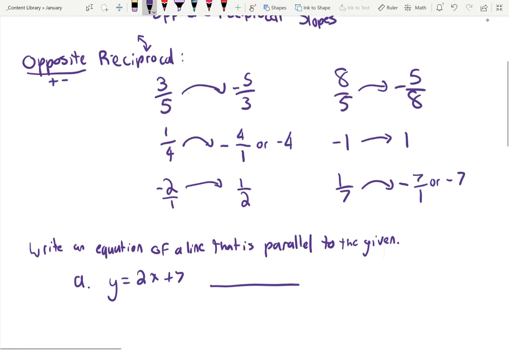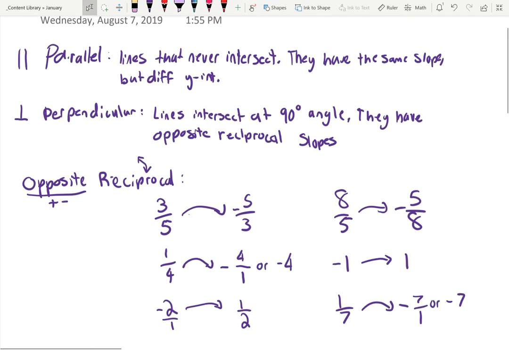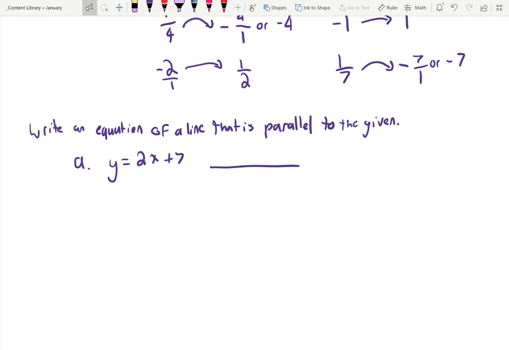Well, remember, parallel lines, we mentioned earlier, have the same slope but different y-intercepts. So a parallel line of this could be y equals 2x plus 8, right? They have the same slope. Both lines would have a slope of 2, but they have a different y-intercept. The first one had 7, the second one had 8.